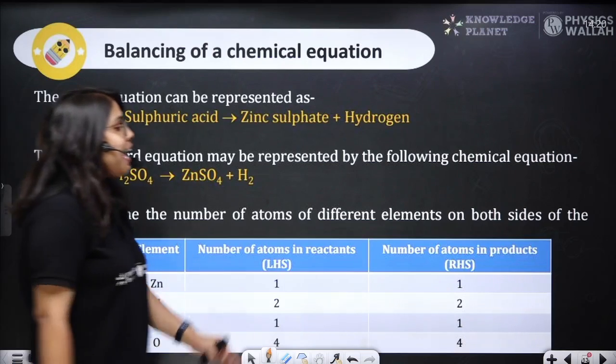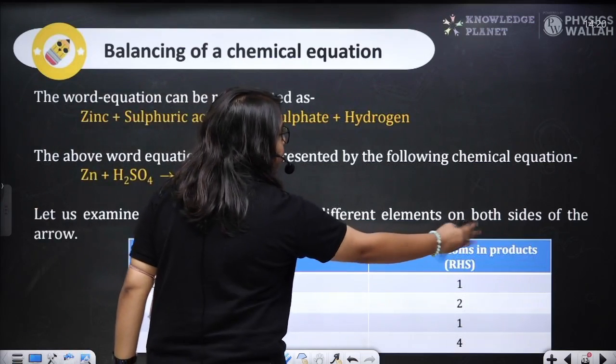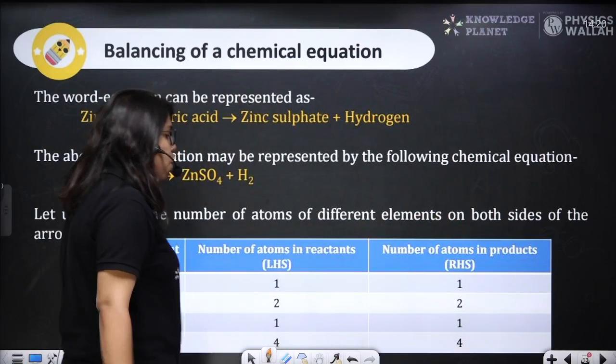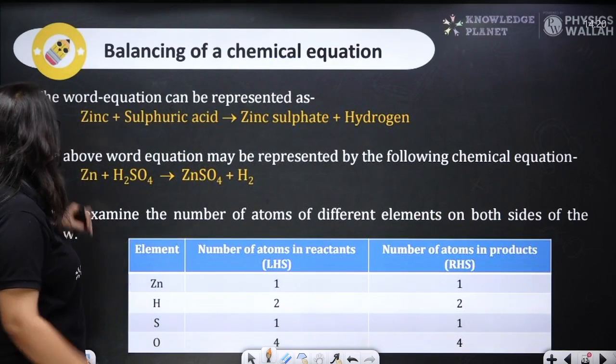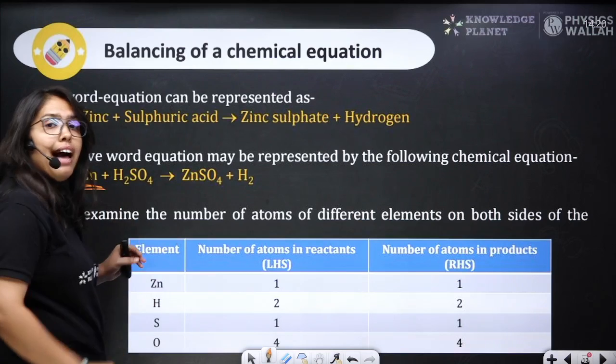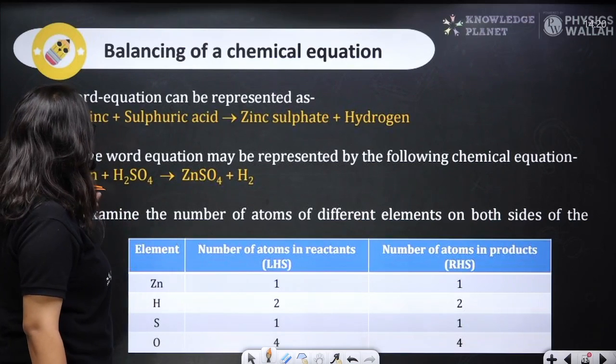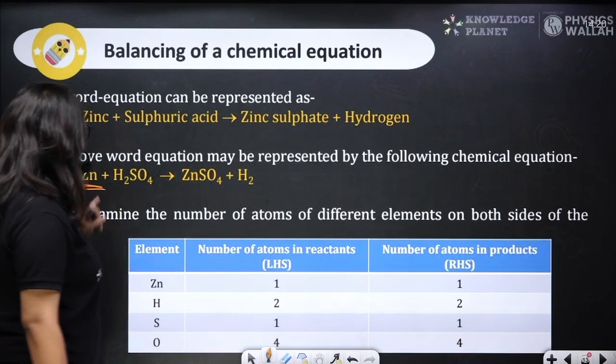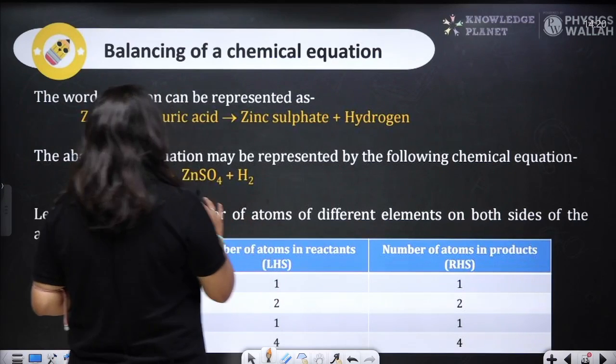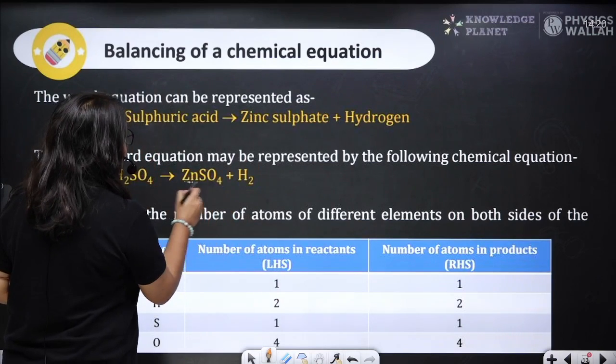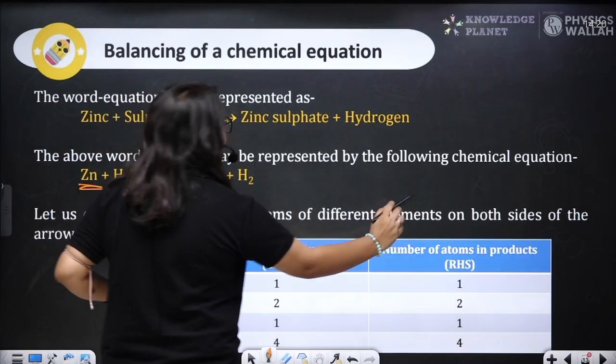And then we put in the number of atoms in the product side, which is nothing but your RHS. So let's see for zinc. We have 1 atom of zinc reacting in LHS. Let's now look at the product side. Only 1. So we write 1 over there.